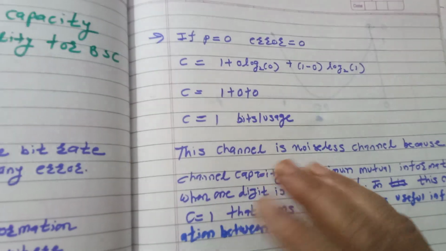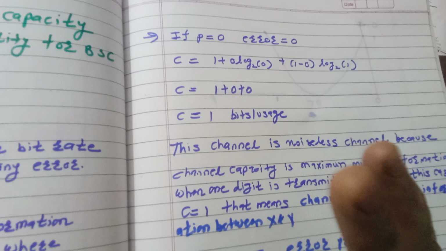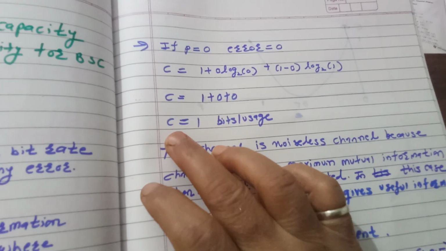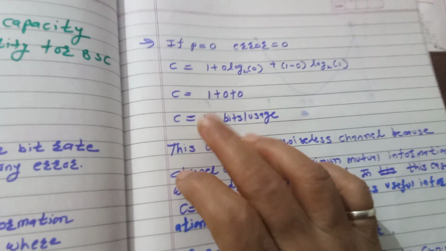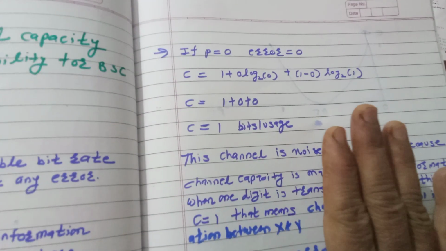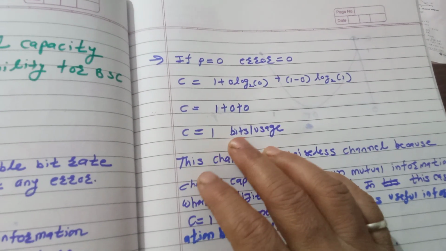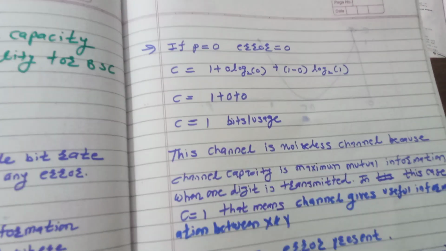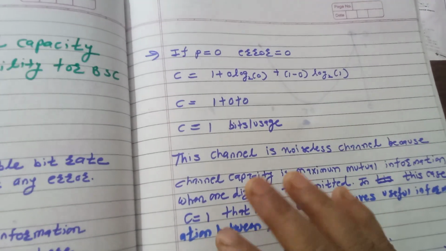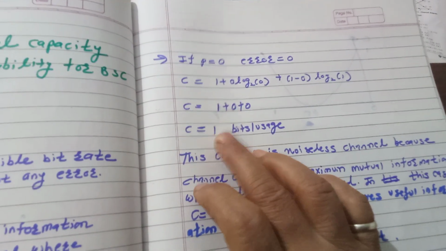That means if you have received y0, there are 100% chances that x0 is transmitted, because channel capacity is 1 bit per usage. That means this channel is not making any error. That's why we can say this is a useful channel, because it is providing you information that there is no error, because channel capacity is equal to 1.